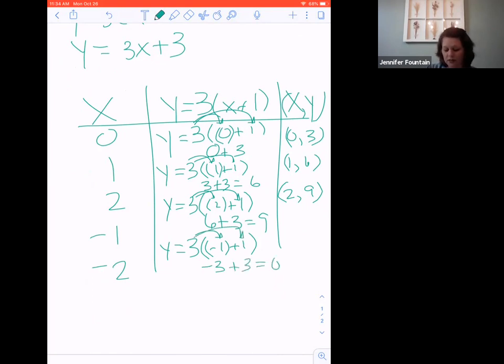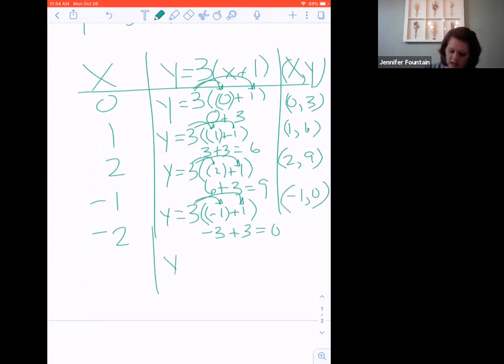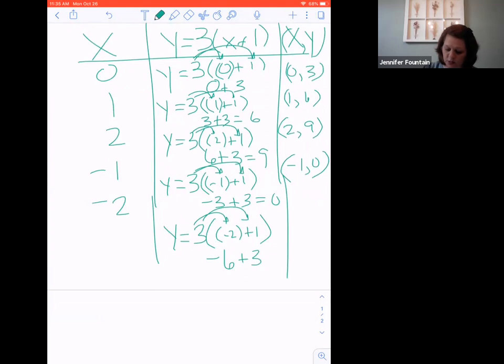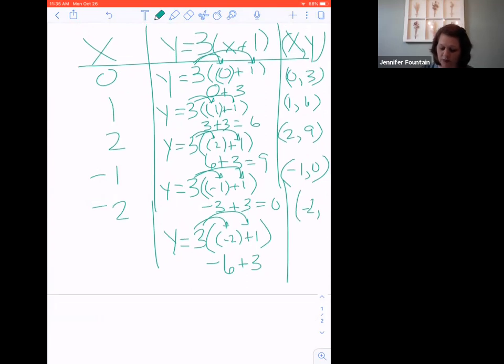So -3 plus 3 is 0. And then y equals 3 times -2 plus 1. Again, 3 times -2 would be -6. 3 times 1 is 3. So -6 plus 3 is going to be -3.